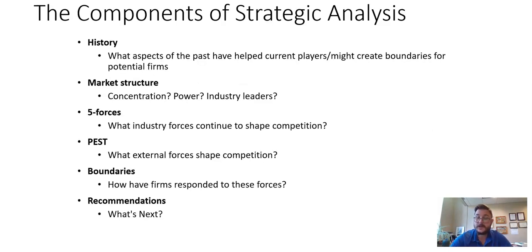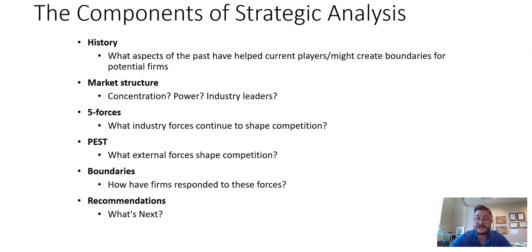So this leads us to a quick overview of your strategic analysis. We can take that group that we've been talking about here, that strategic group, and we can look at these firms in terms of what has given the historical edge, something that has given them competitive advantage from the past. Their market structure contributes to how they compete. Maybe these are the 3, 4 largest firms in the entire industry.